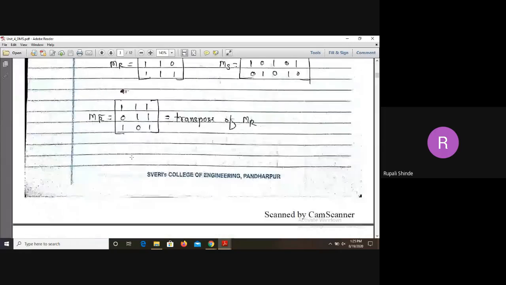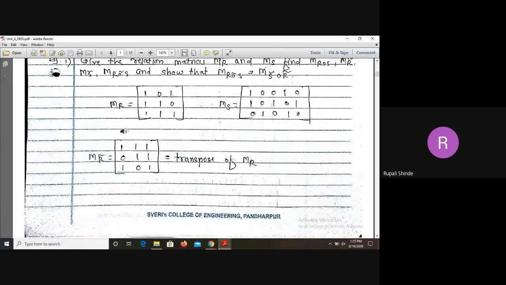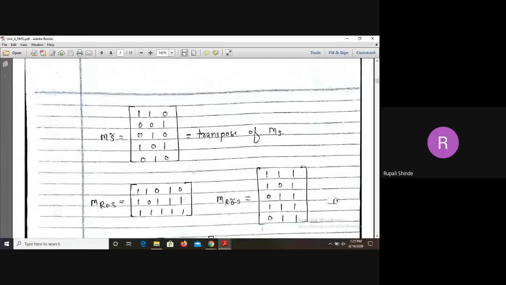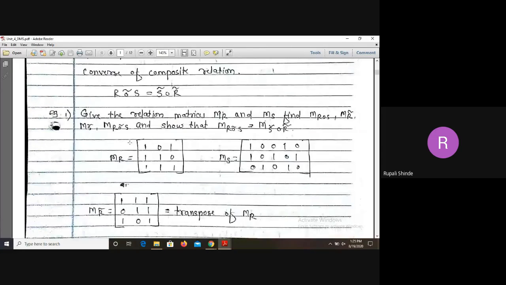Okay. Now again first row second column, so 0 0 1. How to find this? First find 1 into 0, that is 0, plus 0 into 0, that is again 0, and plus 1 into 1. So final value for this multiplication is 1. So that we have to write here. Now again first row third column, so 0 0 0.